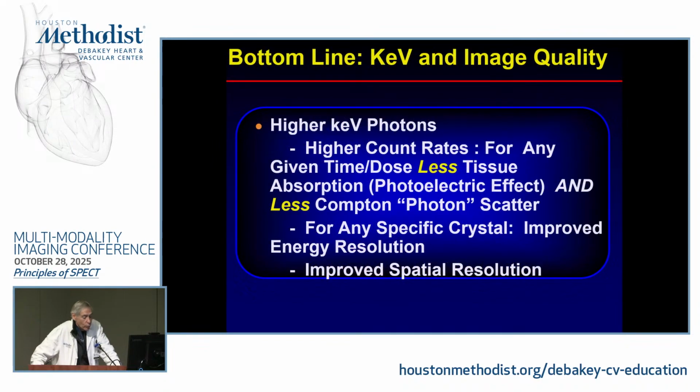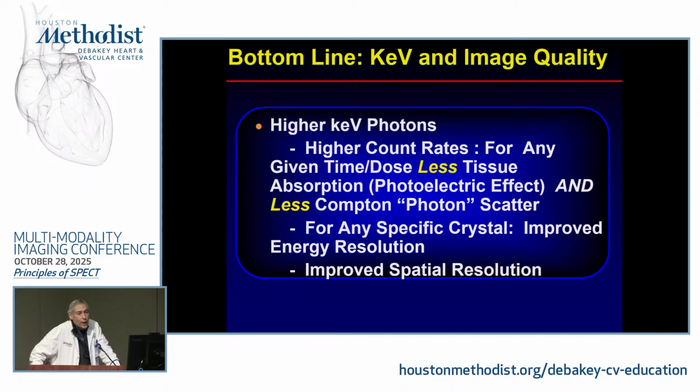so what does higher kV do? It allows you to get photons through tissue, and it allows you to have more of a photoelectric effect in the crystal and less Compton scattering. Okay, and so in SPECT, that's why we basically went away from 72 keV thallium.